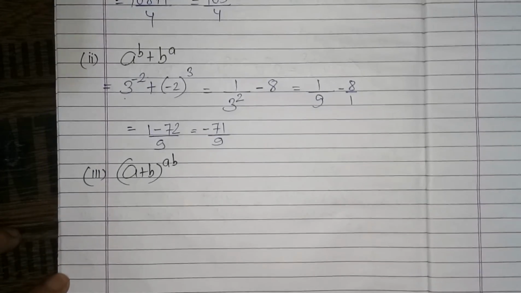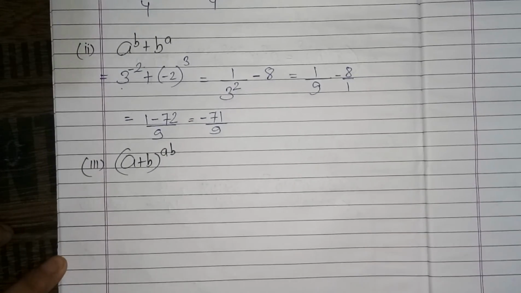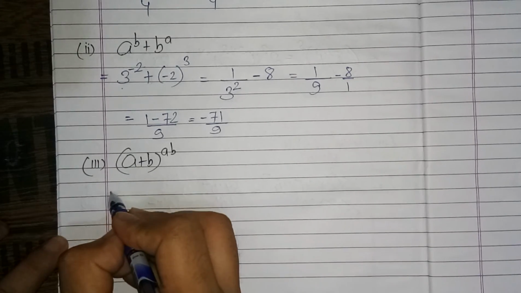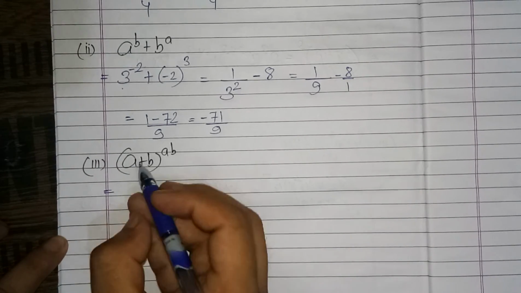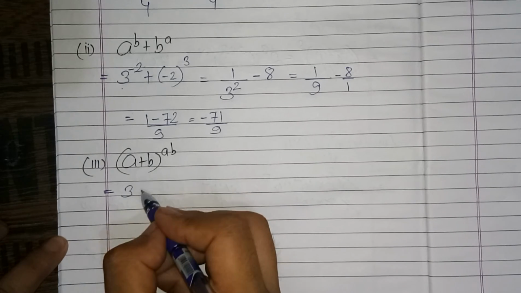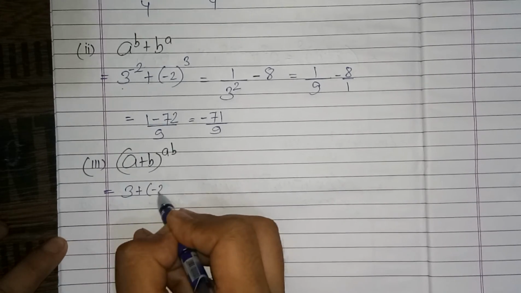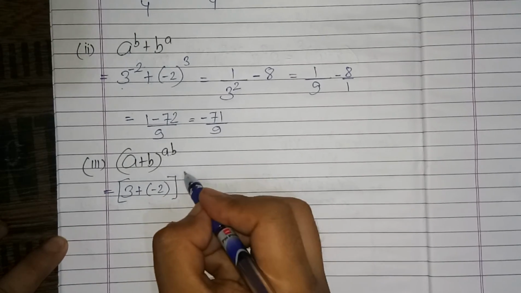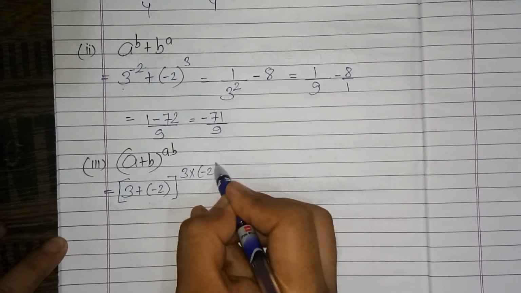Now this is the last part of this type of question. Here again we have to first put the value of a and b. The value of a is 3 and the value of b is minus 2. So this is minus 2 and the whole raised to ab, which is 3 multiplied by minus 2.